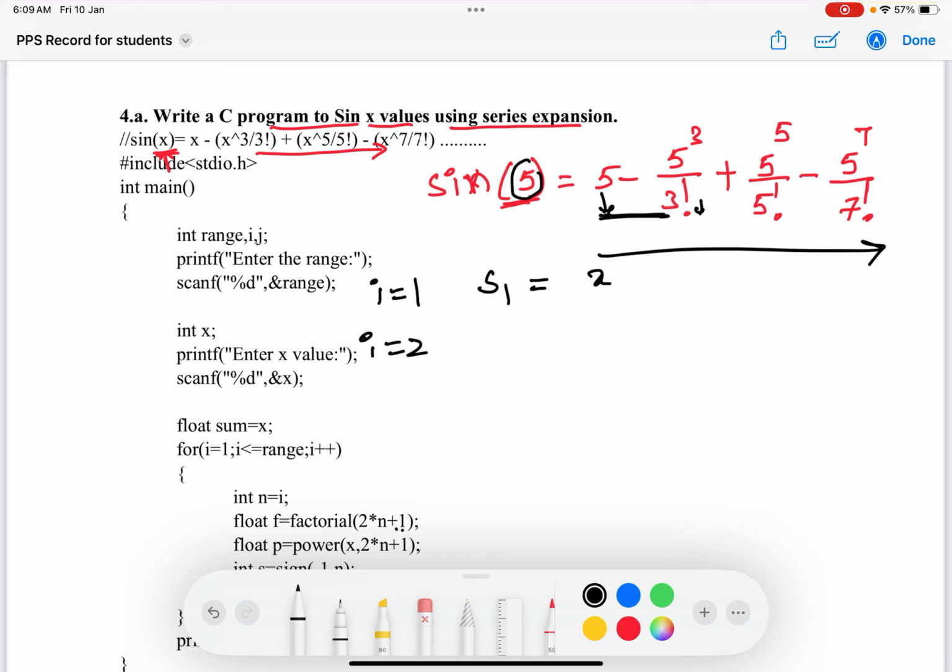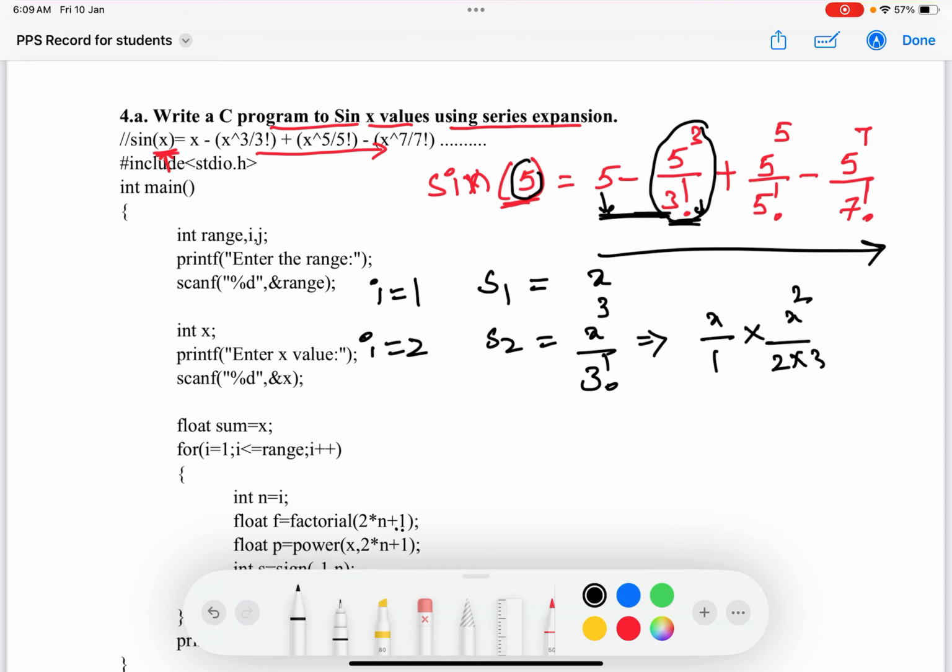Correct? Now we will see S2. The combination of these is called the S2 series, and we will write a formula to compute it. How to write the second term in the series? It is x cube by 3 factorial, which is written as x by 1 into x square by 2 into 3.